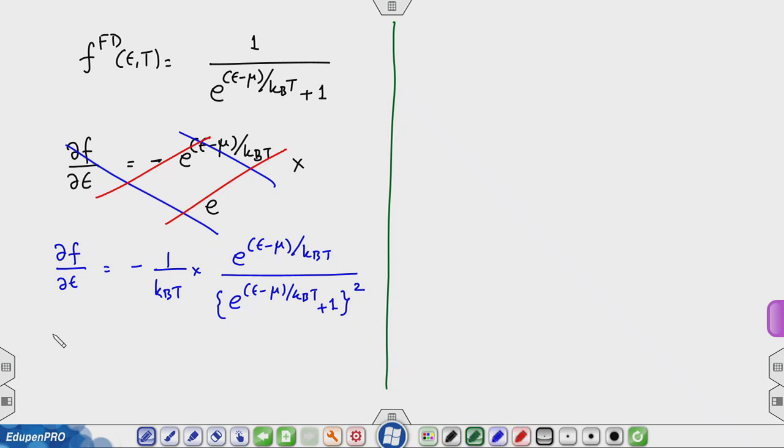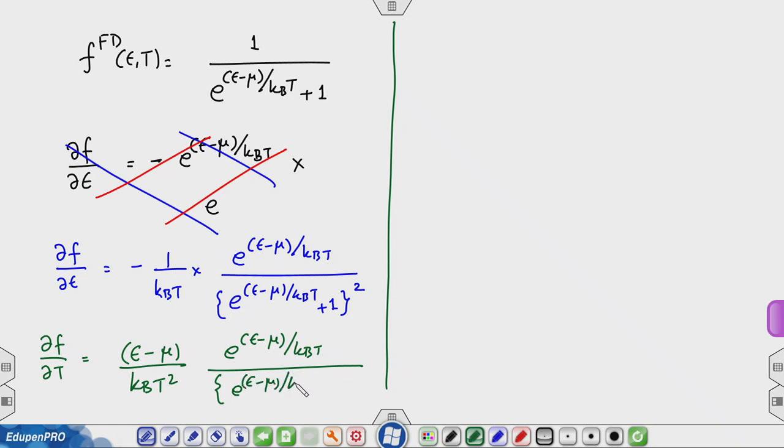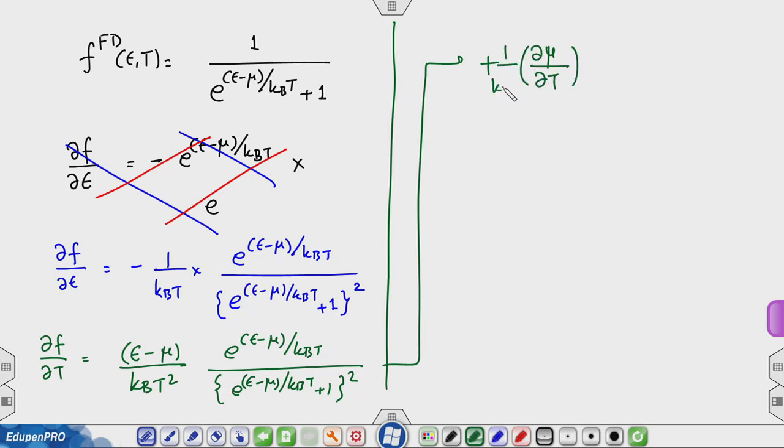And partial f over partial T is going to be equal to epsilon minus mu over kBT square times e raised to epsilon minus mu over kBT divided by e raised to epsilon minus mu over kBT plus 1 whole square, and there is an additional term plus d mu over dT times 1 over kBT times this exponential term.